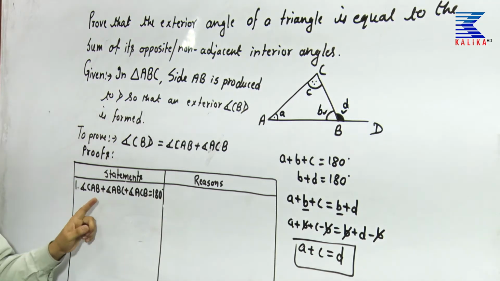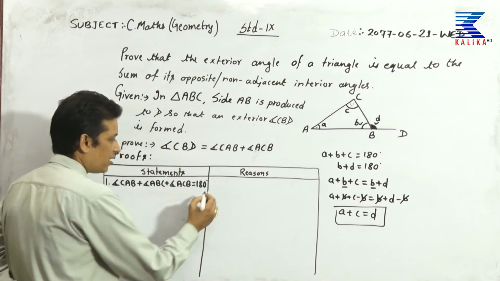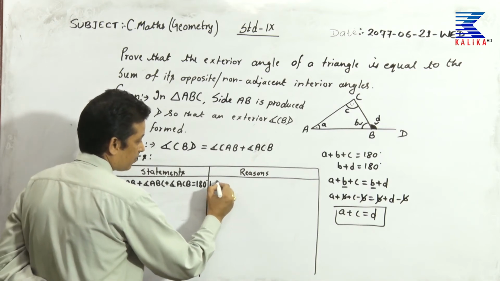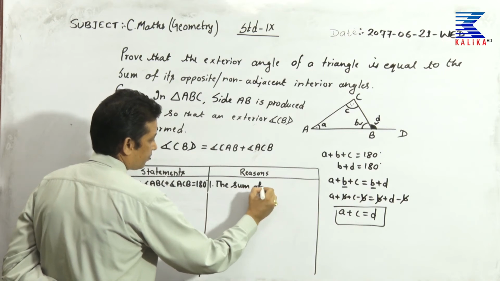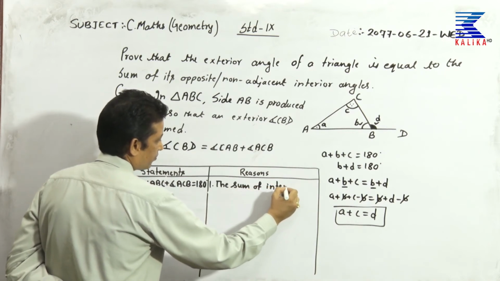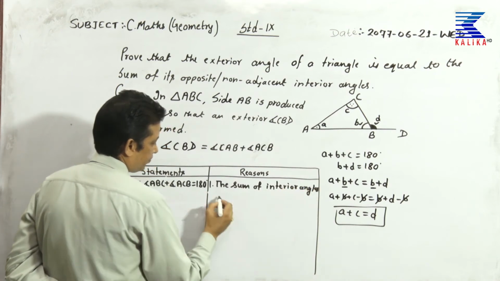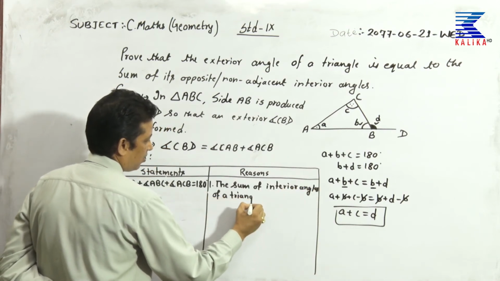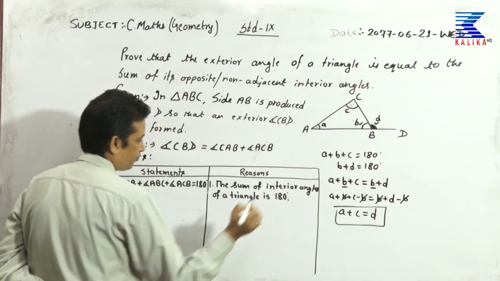I added all 3 angles of a triangle and I wrote the sum 180 degrees, because yesterday we completed this theorem, because the sum of interior angles of a triangle is 180 degrees.